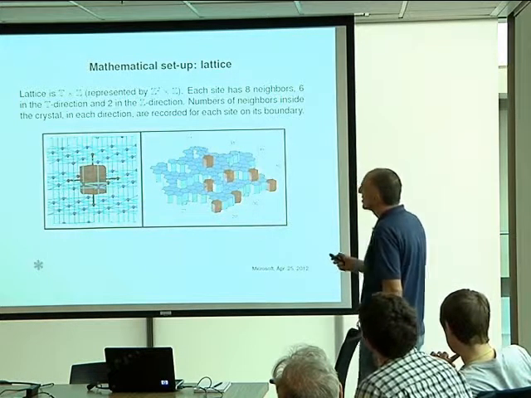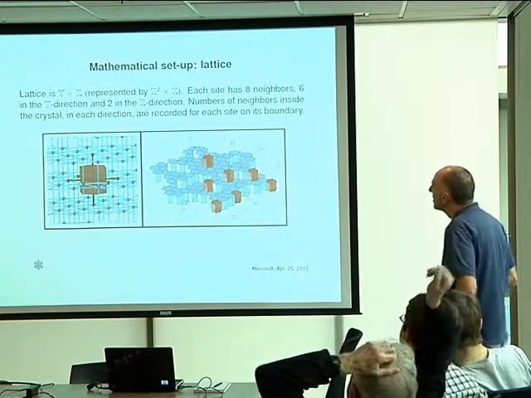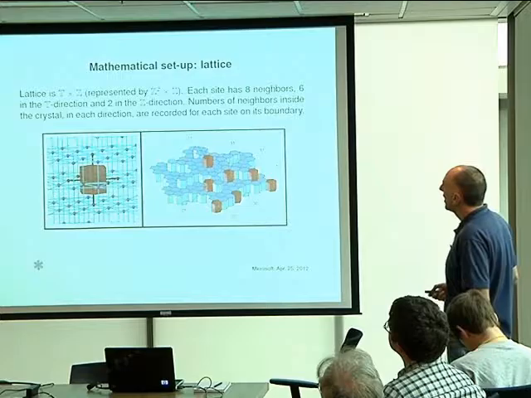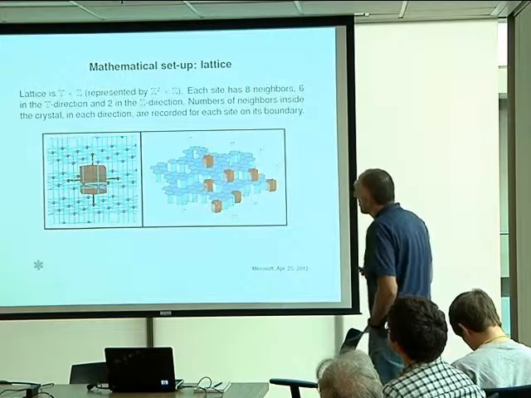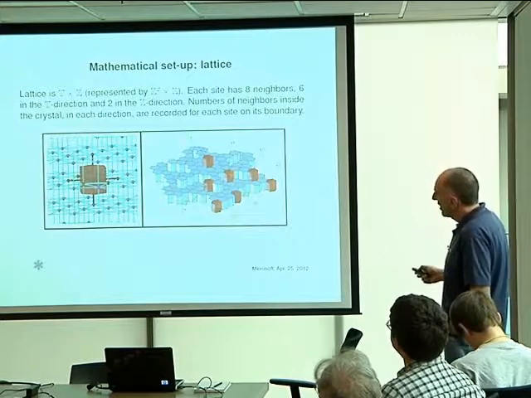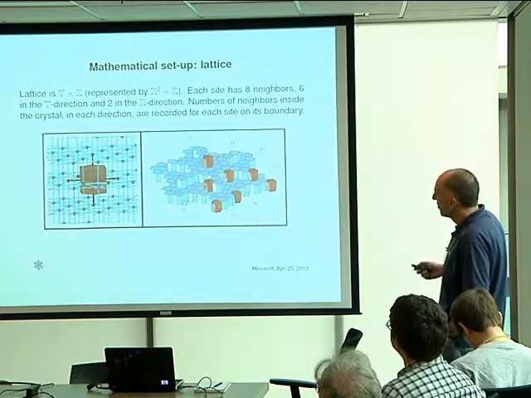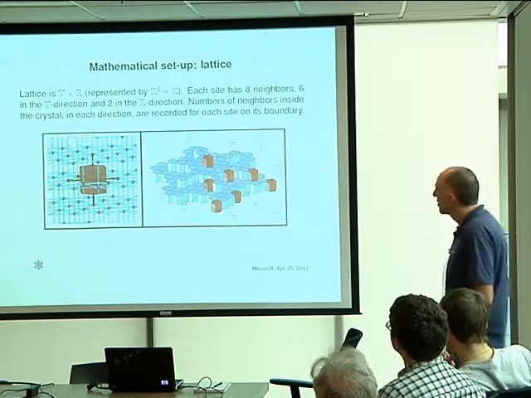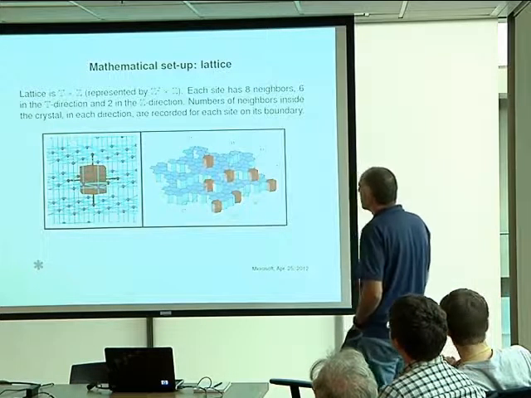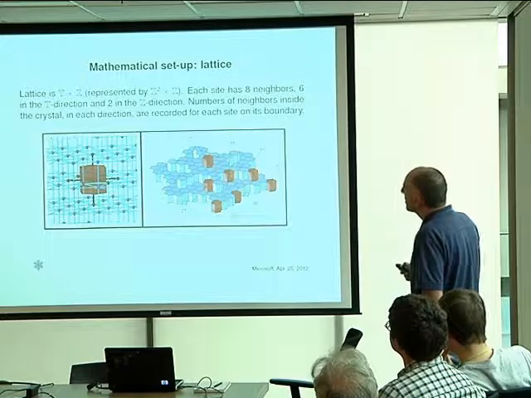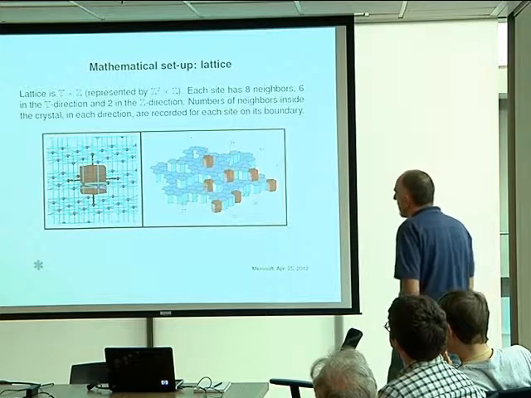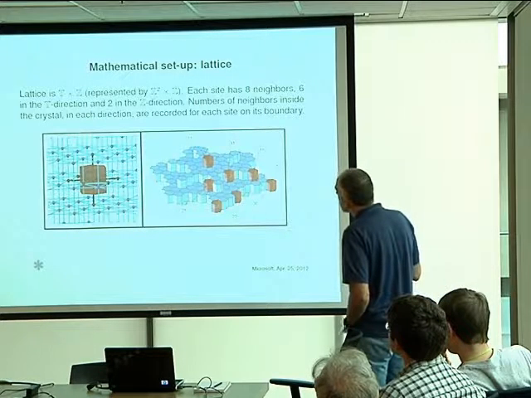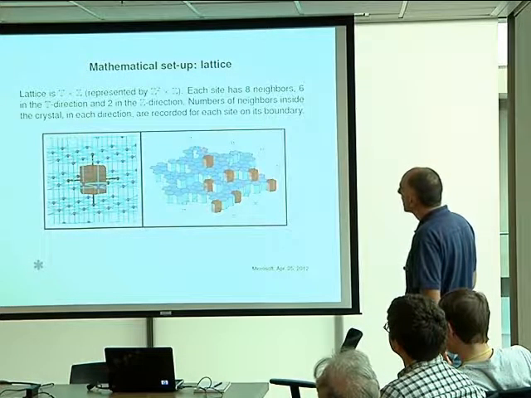All right, so the lattice is triangular lattice cross Z. And also, the blue structure here is a small crystal, which consists of these mesoscopic units as drawn, and these are boundary prisms. All right, and the numbers here tell you how many neighbors they have in each direction.